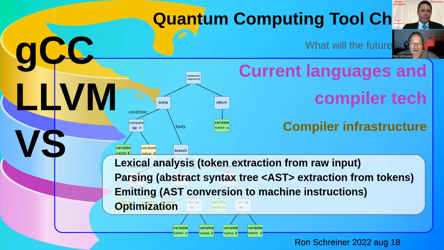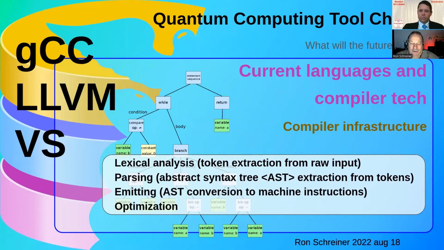Okay. So the emitter is supposed to generate code for a particular hardware architecture, which takes advantage of the abstract attribute of the AST, because the AST doesn't care what hardware this is going to run on.